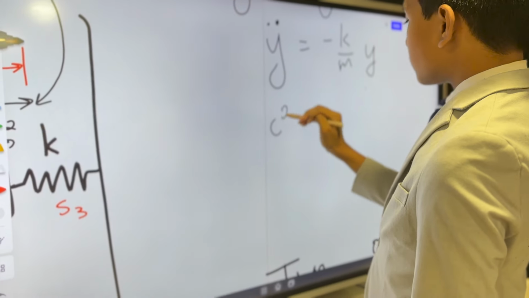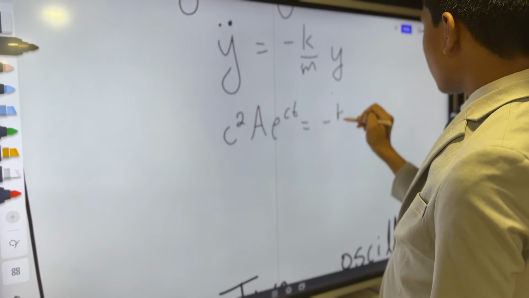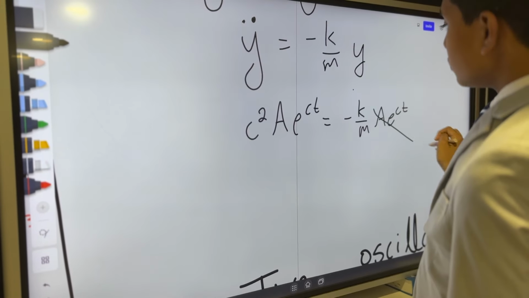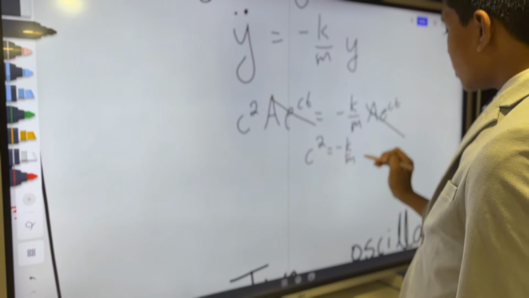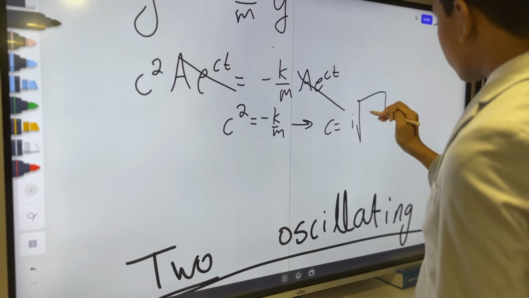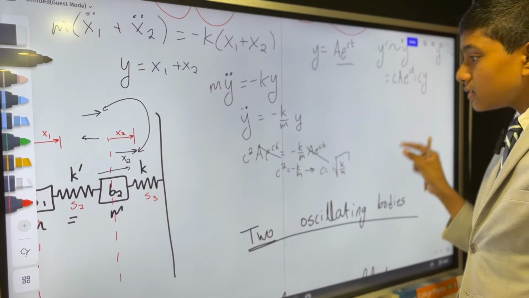So we get c squared a e to the ct is equal to minus k over m times a e to the ct. So canceling these out, we get c squared equals minus k over m, or c is equal to i times the square root of k over m. So what does that mean?